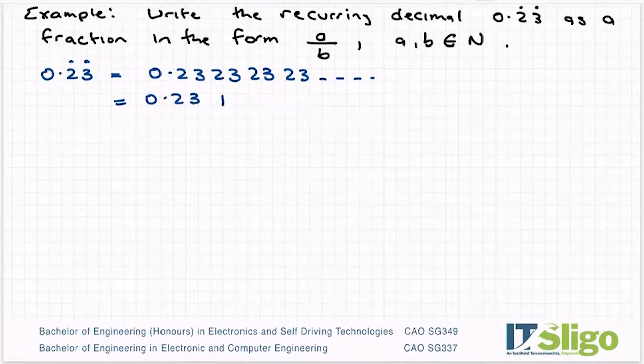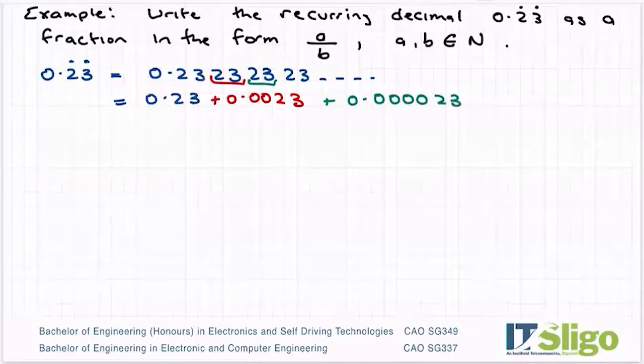Actually, let me color code it. Plus 0. To get at the green ones, I need 1, 2, 3, 4 zeros, then 2, 3.